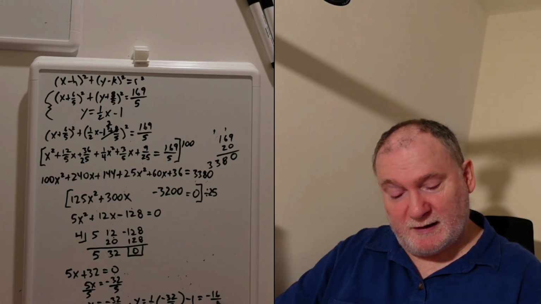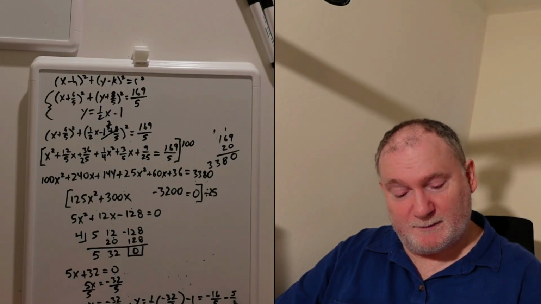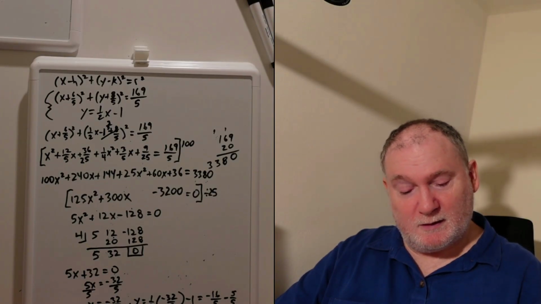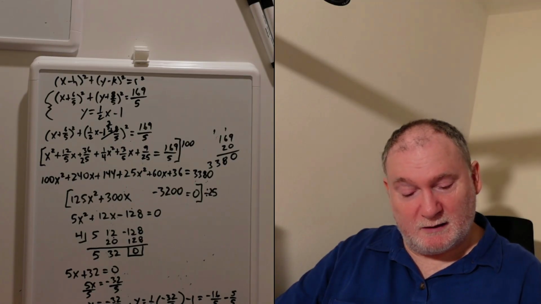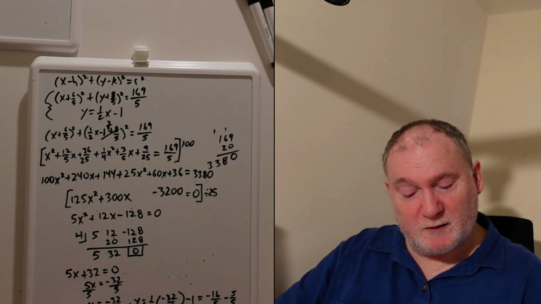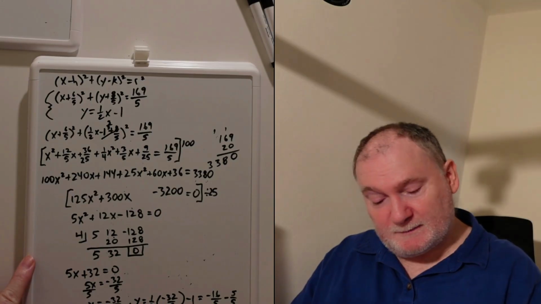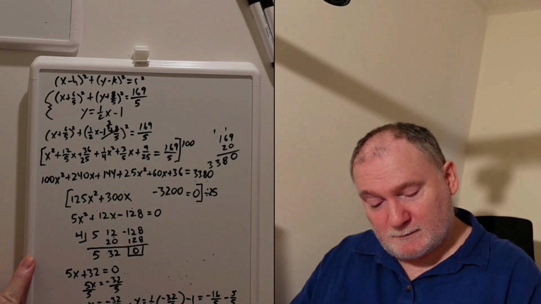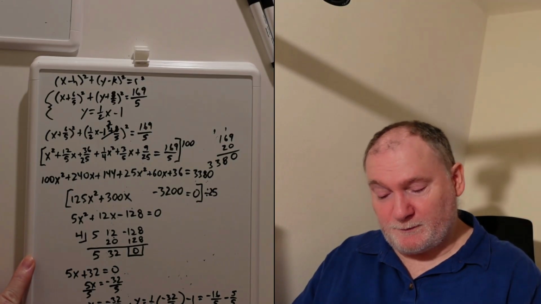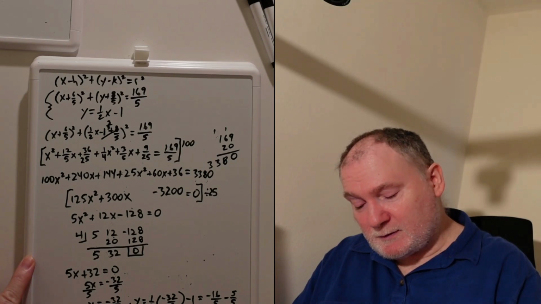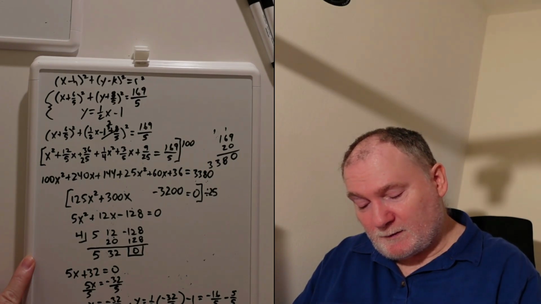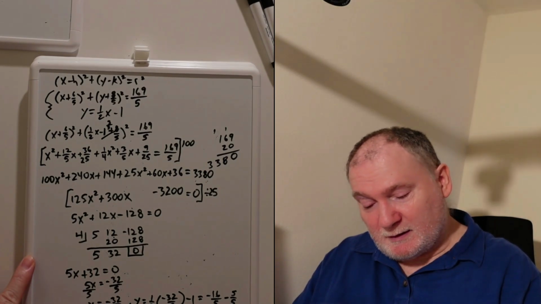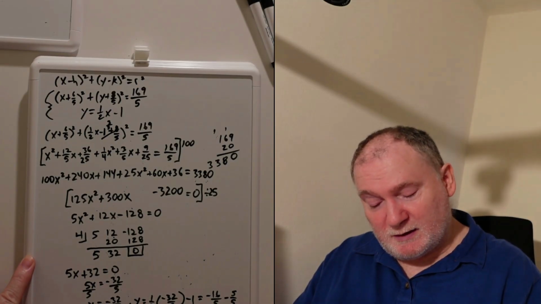And this is over 5. Minus 1, which is minus 5 fifths. So we get negative 21 fifths. So x, y is equal to negative 32 fifths, comma, negative 21 fifths.